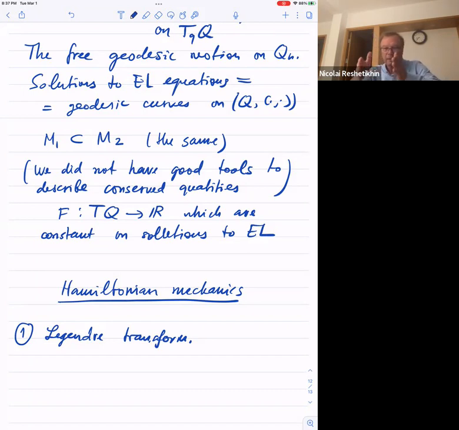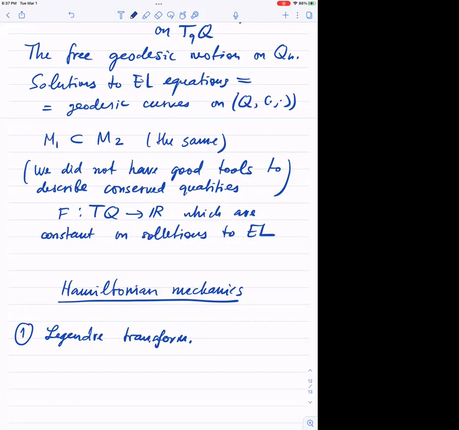And then, no, I think it's very difficult for me to answer this question now. It will be much easier to answer it once we have Hamiltonian tools. Okay, thanks.